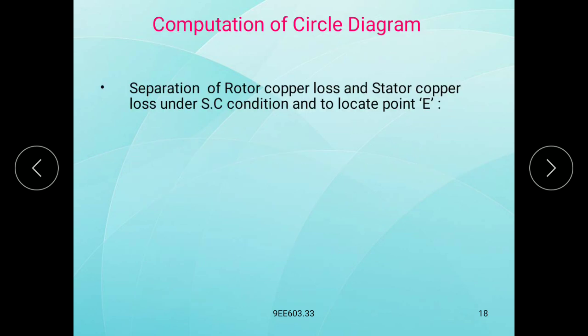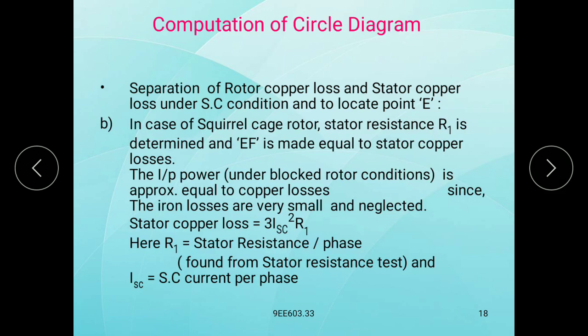Separation of rotor copper losses and stator copper losses under SC conditions to locate point E. In case of a squirrel cage rotor, stator resistance R1 is determined and EF is made equal to stator copper losses.